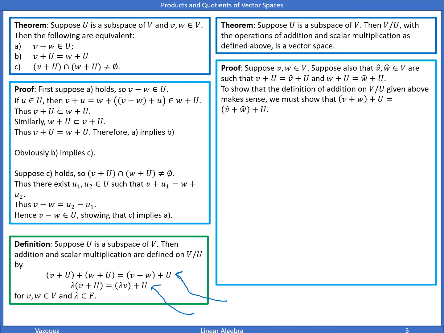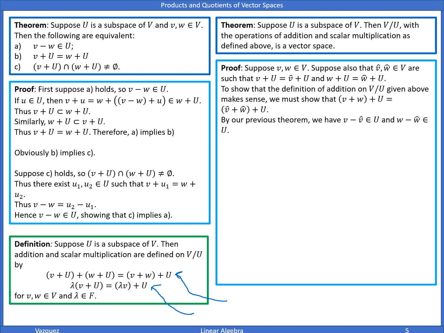To show that it makes sense, or that it's well defined, we must show that this equality holds. They can't be two different sums. So by our previous theorem, we have that v minus v hat is in U.